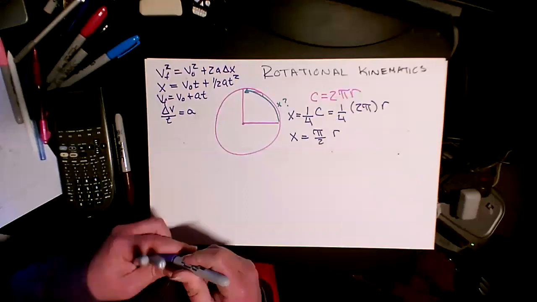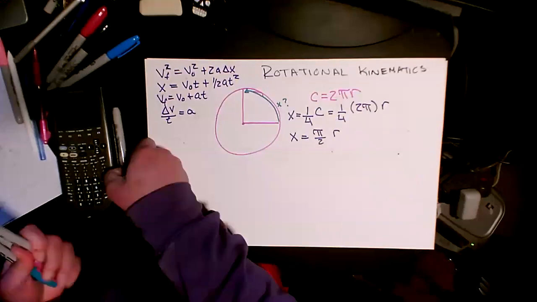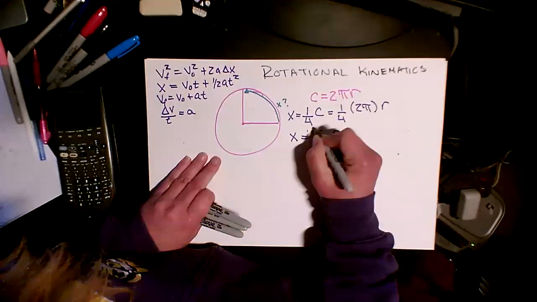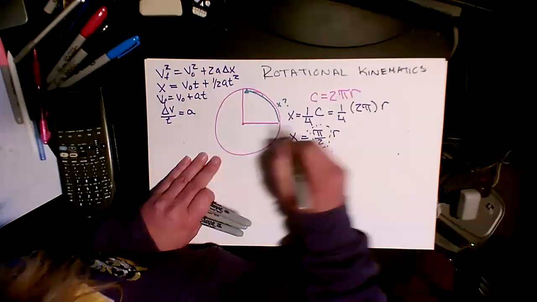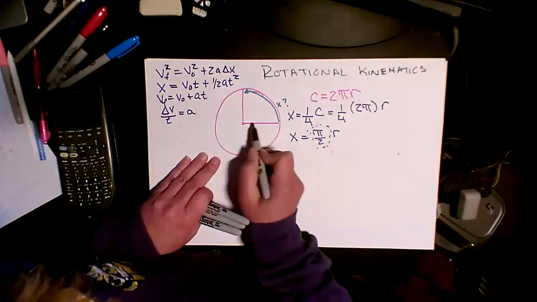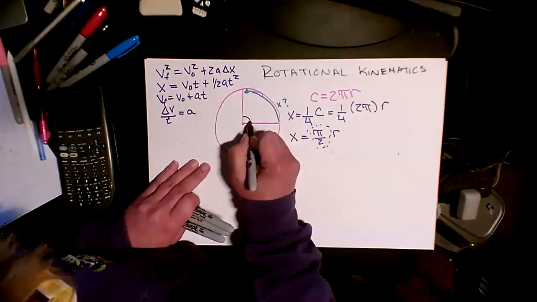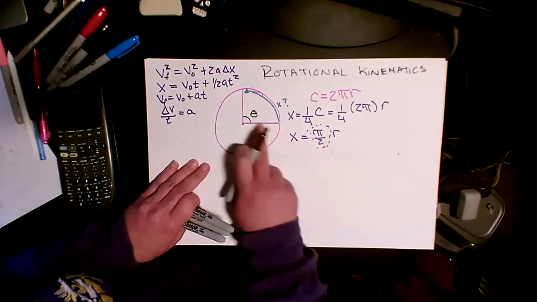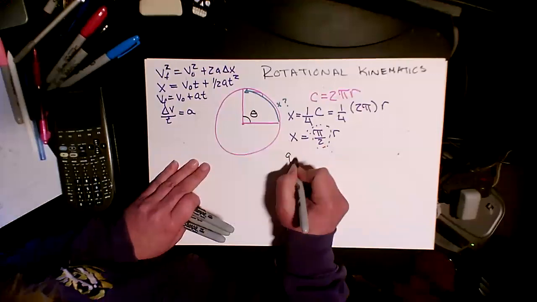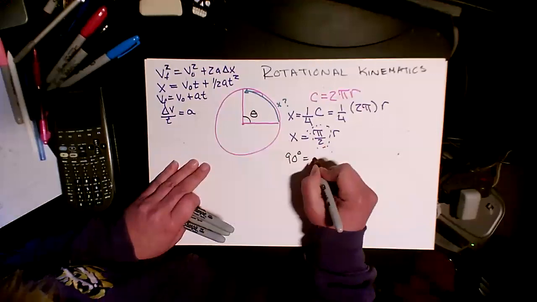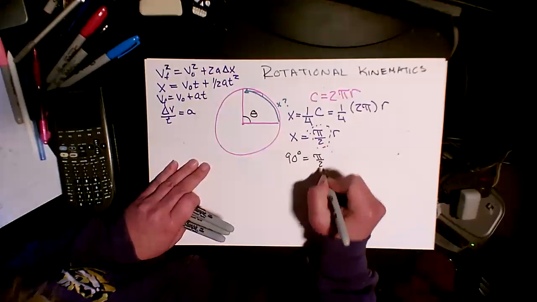Let's think about what this piece means. What is this pi over 2? Hopefully this looks like a 90-degree thing, right? And that's exactly what this is. This is an angle theta, and 90 degrees is pi over 2 radians.